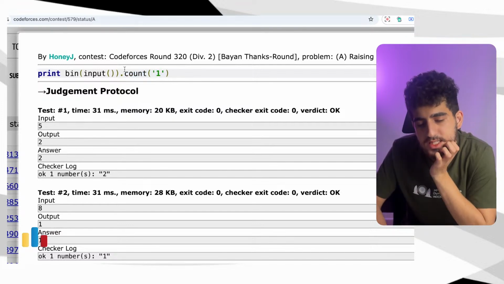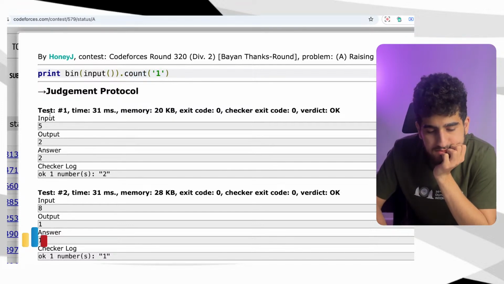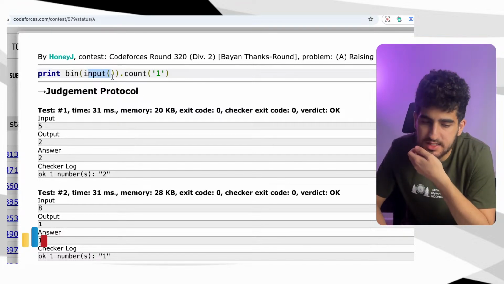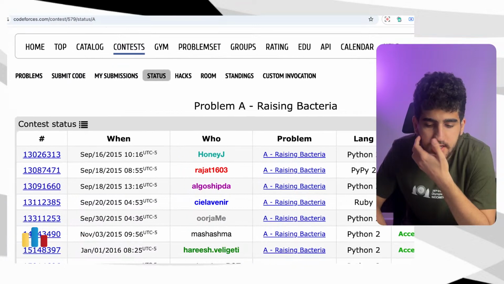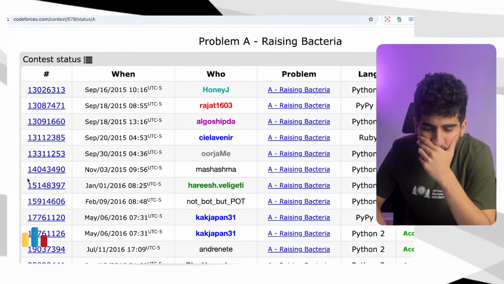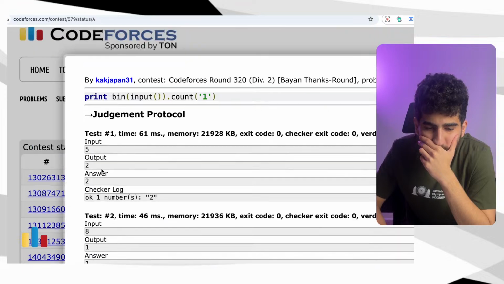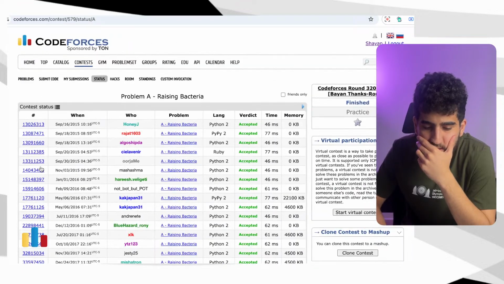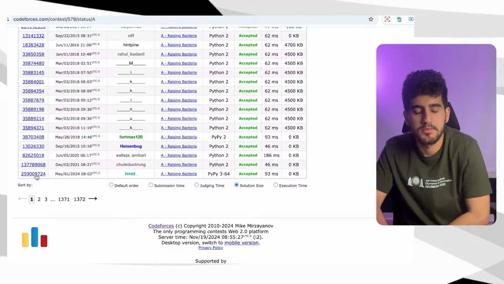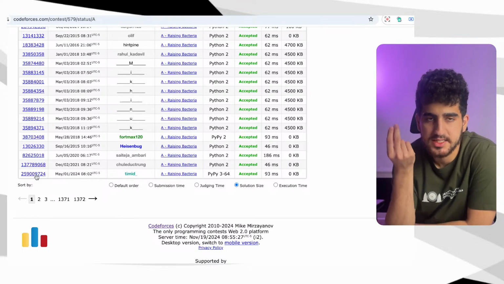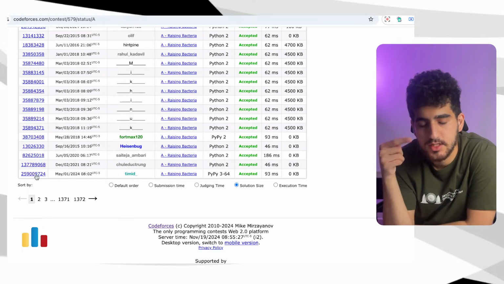This person has, as input, got some string instead of some number and has calculated that count of 1. I guess maybe even for numbers there must be a way to calculate how many set bits they have. But they have used a string. So one case that you have is to get the input as a string and then say dot count of 1.